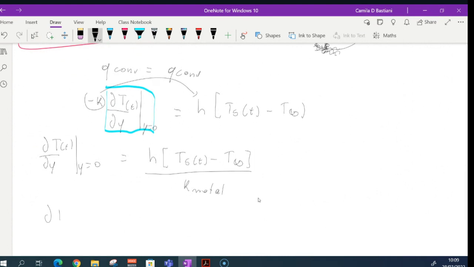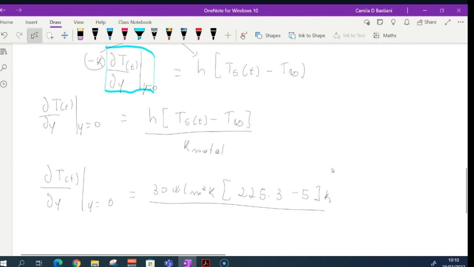So my temperature gradient is going to be 13 watts per meter square Kelvin multiplied by 225.3, that's the temperature that we calculated, minus 5, divided by my K of the metal.